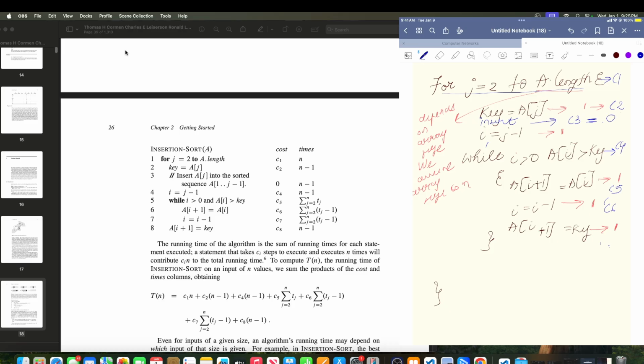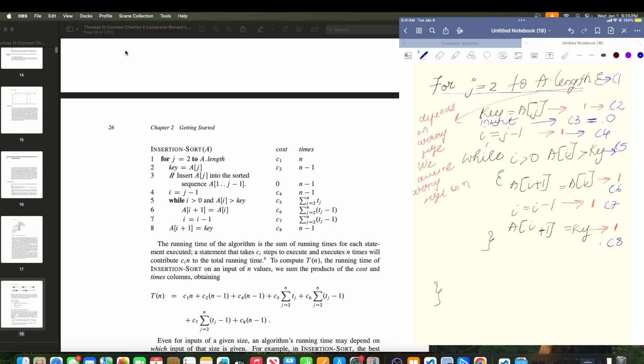Okay, now this is C4, right? This will change. Just C5, C6, C7.